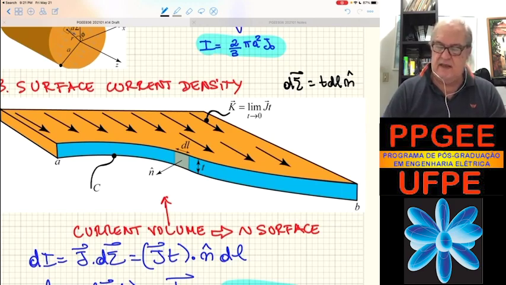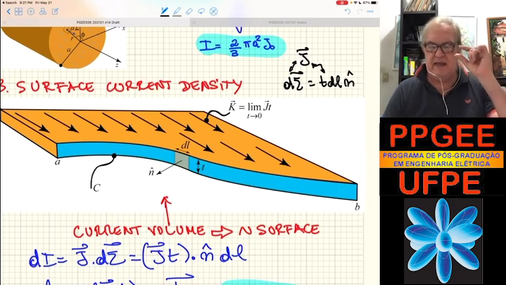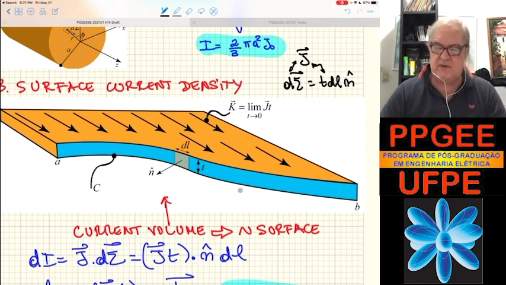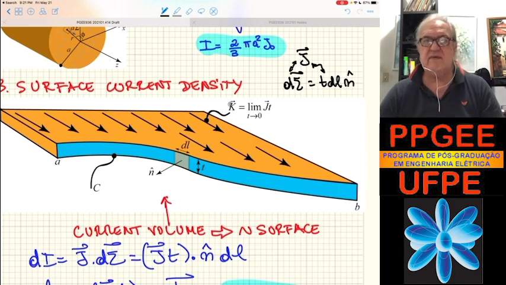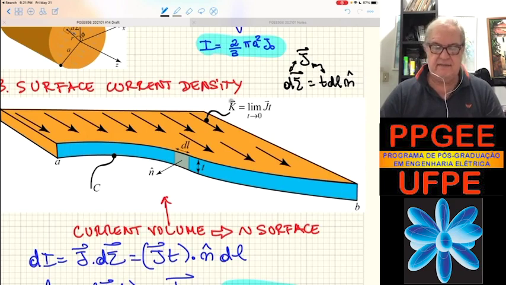So when you make the dot product between J and d sigma, you're going to have J times T. So if you make the limit T going to 0, you can define a surface current density, K, and you don't have to integrate across the depth of the sheet, right?